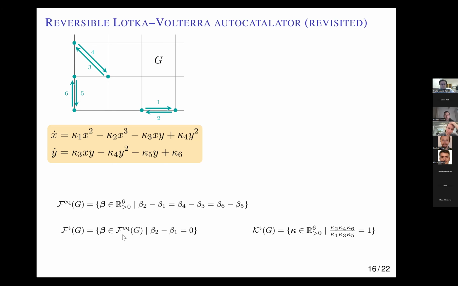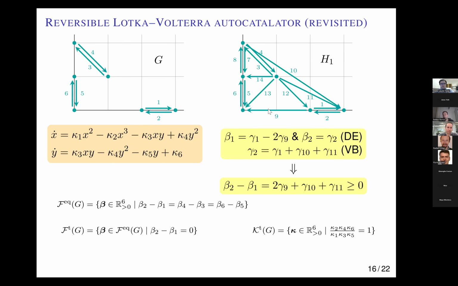So I need to take all the equilibrium fluxes where beta 2 equals beta 1. So that means the flux here equals the flux here. The flux on this edge equals the flux on this edge. The flux on this edge equals the flux on this edge. And it is not hard to see that this happens exactly when this relation holds between the rate constants.